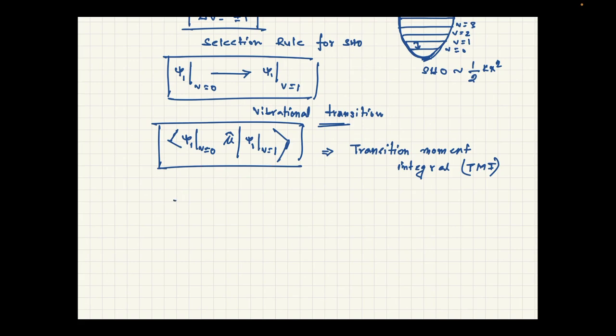So basically the condition is, if this TMI is non-zero, then the transition is spectroscopically allowed.